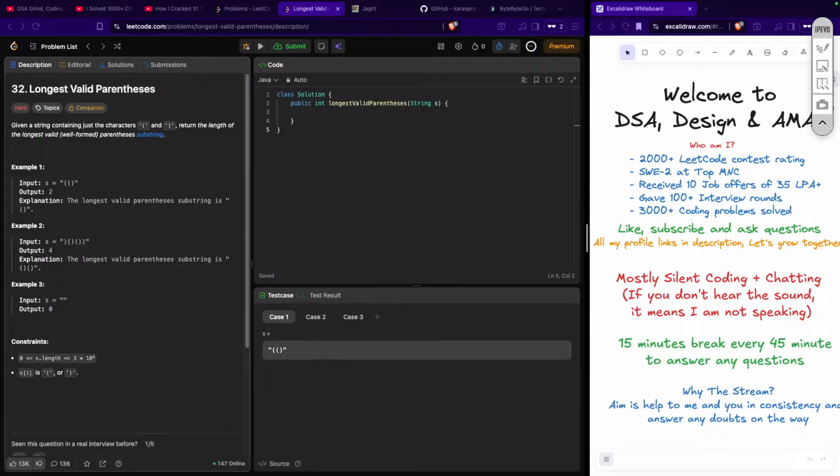See, what if I start from left and then I see that okay, this is opening and then again this is 2, right?